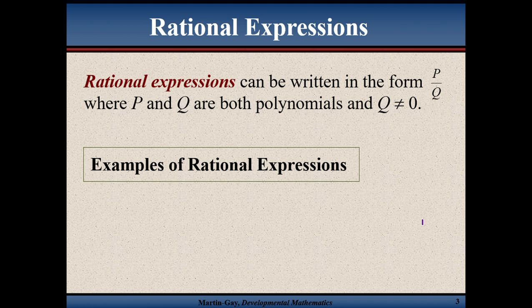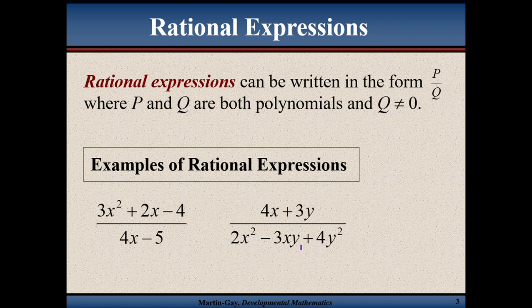So we have examples: 3x squared plus 2x minus 4 all over 4x minus 5, or 4x plus 3y all over 2x squared minus 3xy plus 4y squared, and 3x over 4.